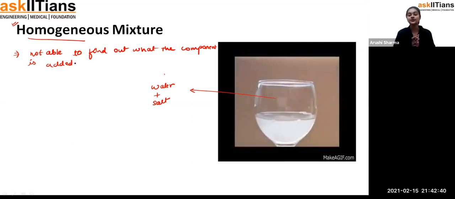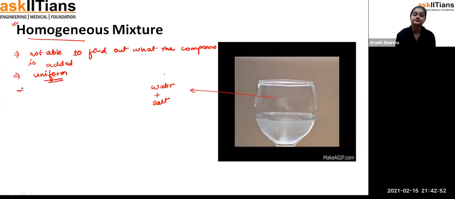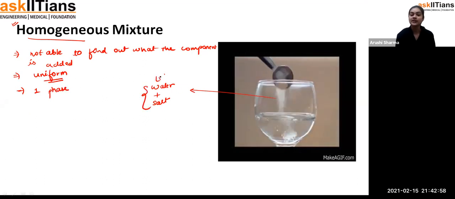So students, such mixtures are called homogeneous mixtures, and these mixtures are uniform in nature. Uniform means that throughout, it will have only one phase. Here water is in the liquid phase, and the salt is in the solid phase.